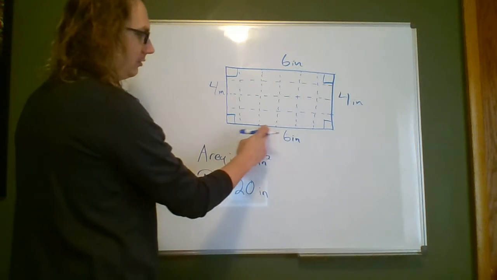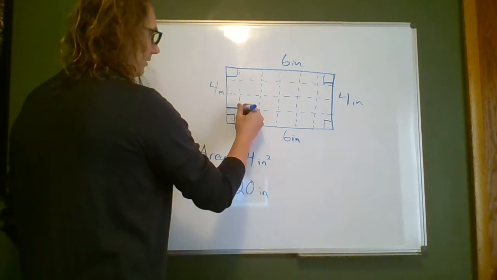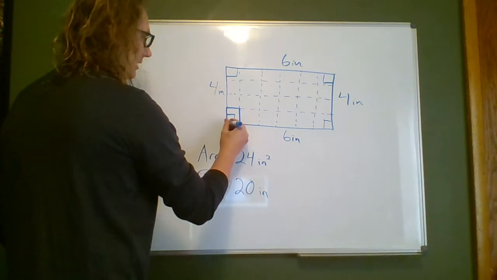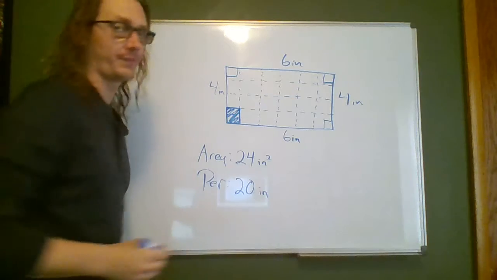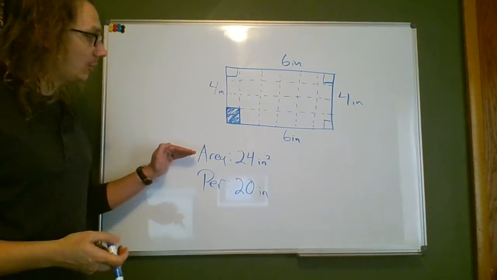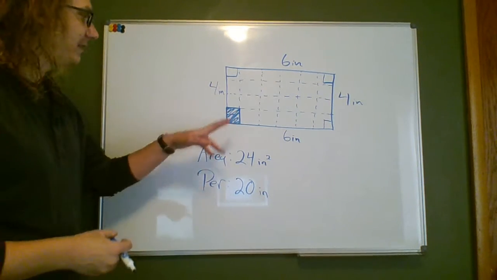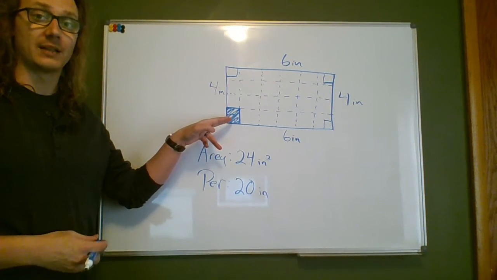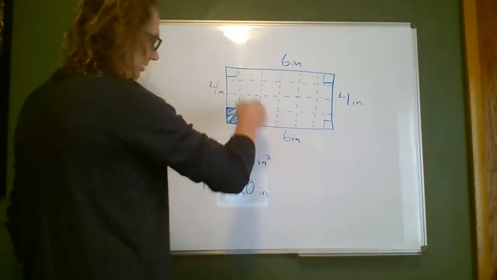This is 1, 2, 3, 4, 5, 6 inches. 1 inch squared is that box right there. Okay? And what we have calculated is that this area, which is 24 inches squared, is that this space will have 24 of those boxes. Because we've got 6 over, 4 up, 6 times 4 is 24.